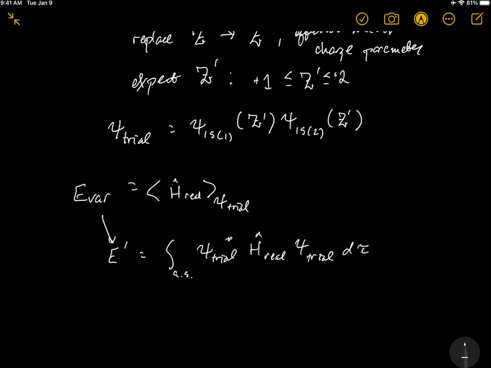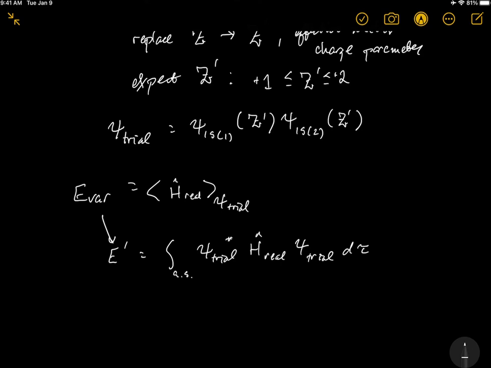We've sandwiched our Hamiltonian between those. In the typical variational approach, we would divide through by the integral of psi star trial psi trial in order to ensure normalization.